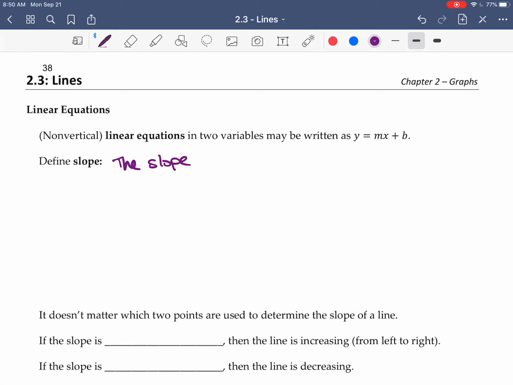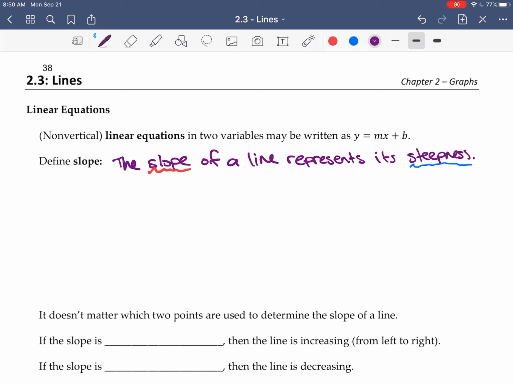The slope of a line represents its steepness. So steepness is what you should be thinking about there.